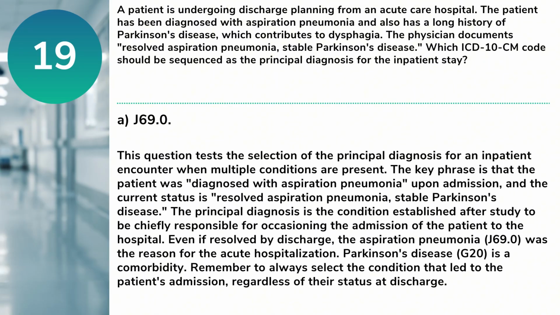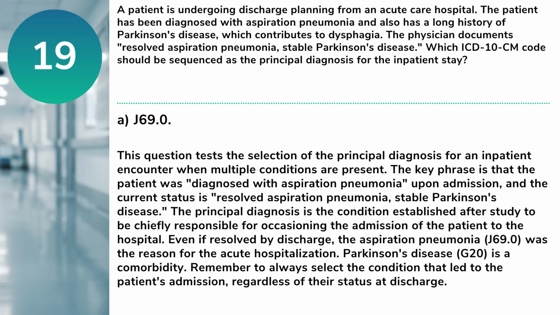Answer: A. J69.0. This question tests the selection of the principal diagnosis for an inpatient encounter when multiple conditions are present. The key phrase is that the patient was diagnosed with aspiration pneumonia upon admission, and the current status is resolved aspiration pneumonia, stable Parkinson's disease.